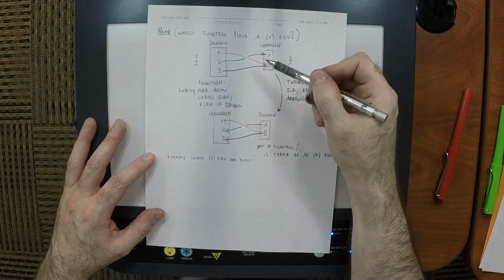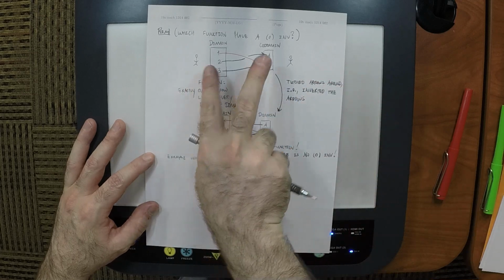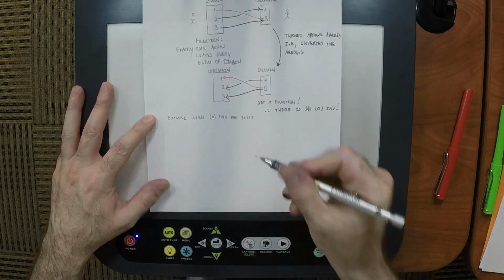So in the end, the problem here is that we had 3 to 2. In order for it to be a function going both ways, we're going to need the same number of elements on both sides. So I'll do 3 and 3.